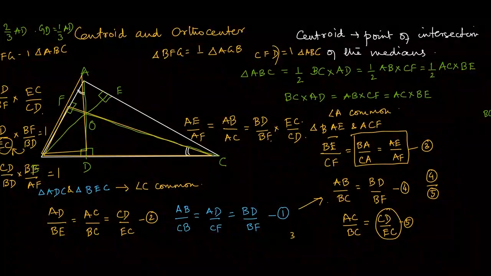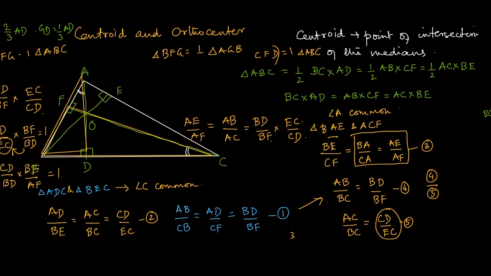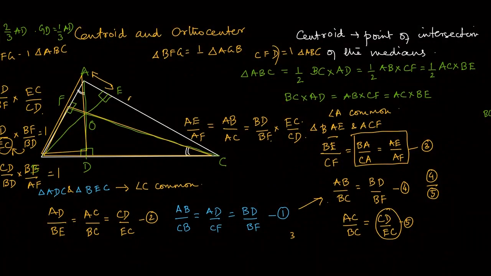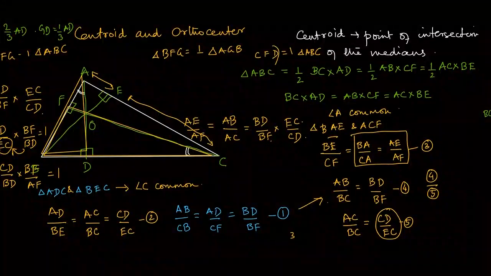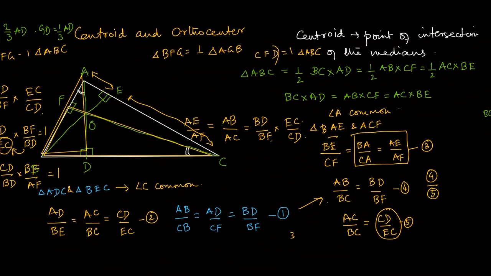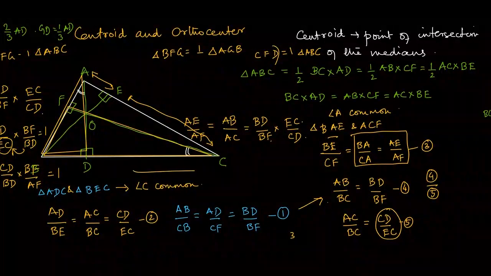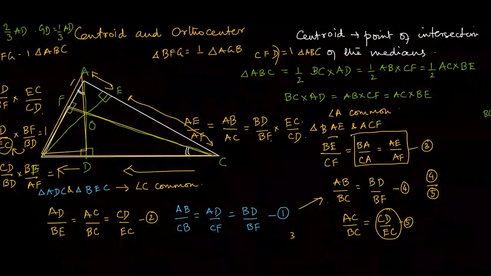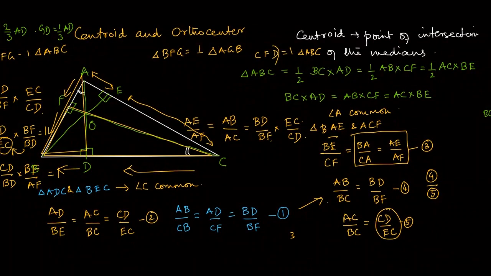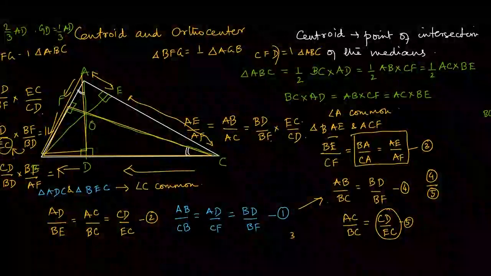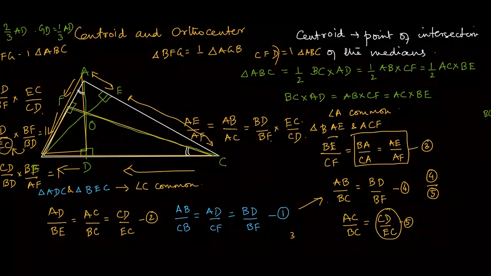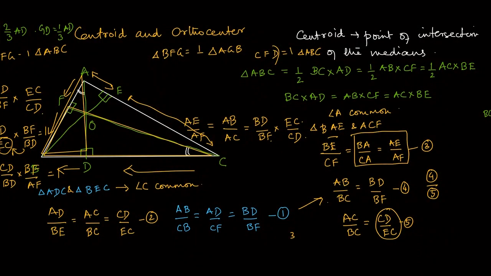So why did I do this? Because this property, AE by EC into CD by BD into BF by AF is equal to 1, is a very important property, and there can be questions based on this.